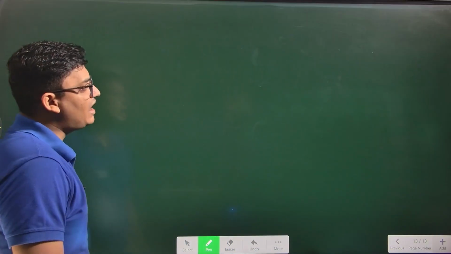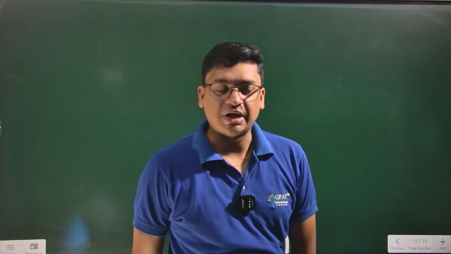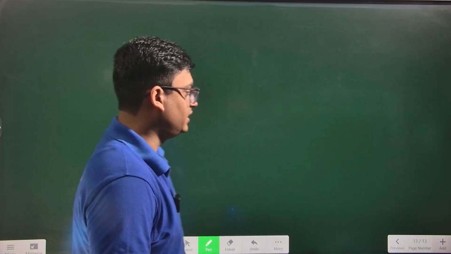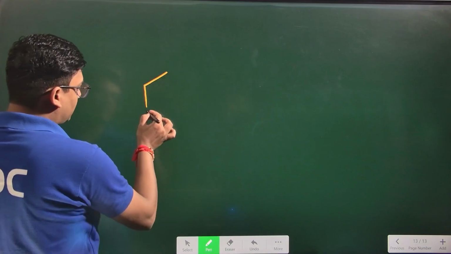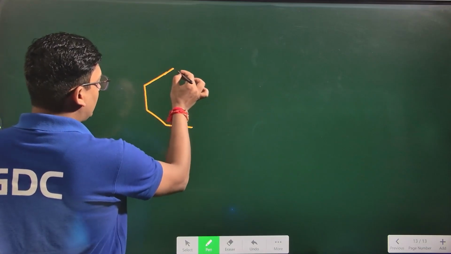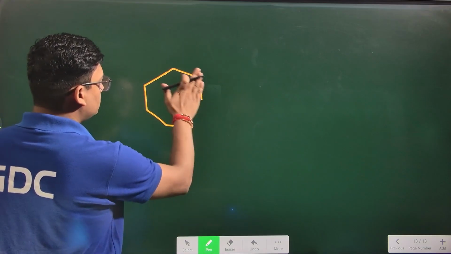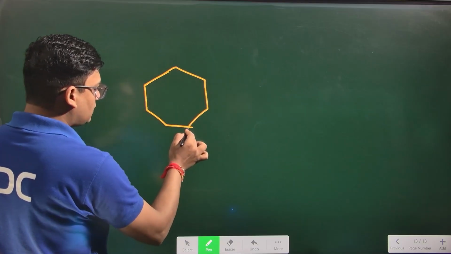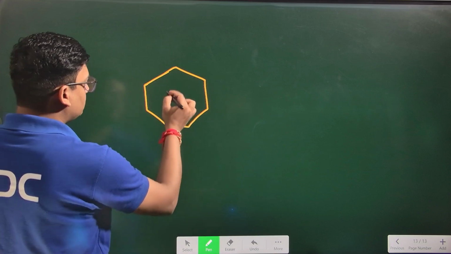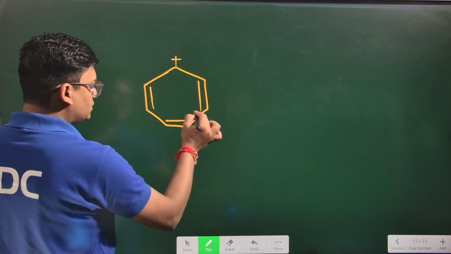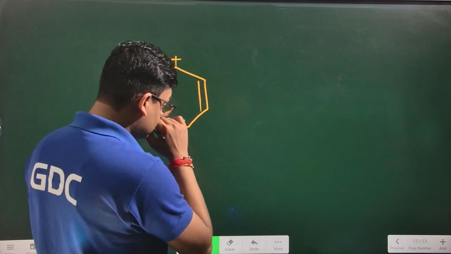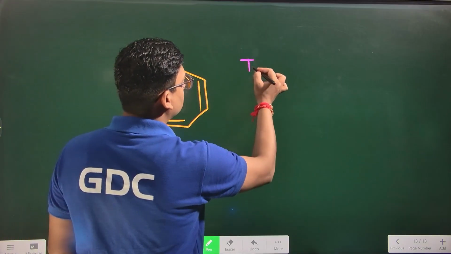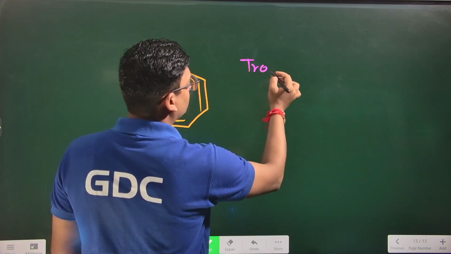Now we are having another structure, that is cycloheptatrienyl cation. Now just tell me what this structure will be. This will be your homework. You have to write me the answer in the comment section.